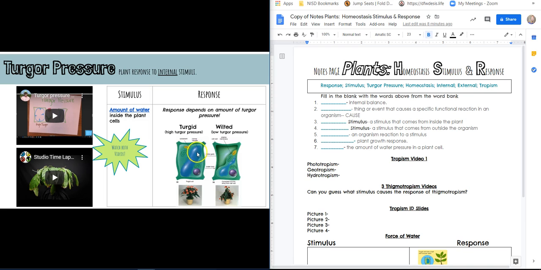When the water pressure is high, you have an upright, turgid plant. When the water pressure is low, you have a wilted, sad-looking plant. Make sure that you watch that video that explains it a little more thoroughly, and this is a cool time-lapse example of low turgor pressure turning into high turgor pressure.